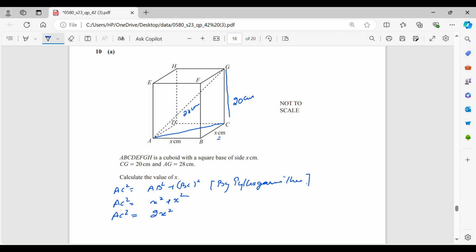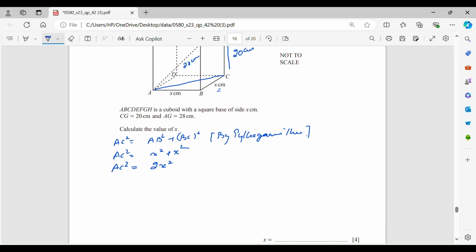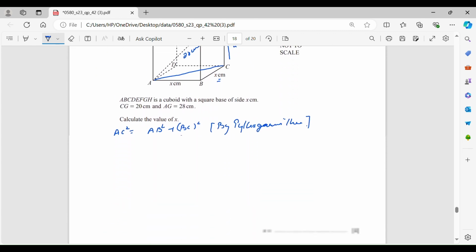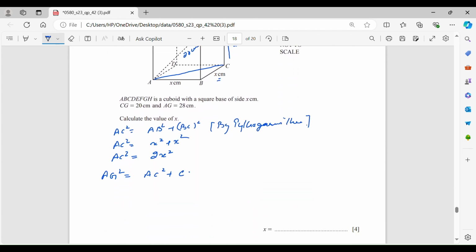And now AG square will be equal to AC square plus CG square, again by Pythagoras theorem. Now AG square is given, 28 square. This is equal to AC, 2x square, plus CG, 20 square.